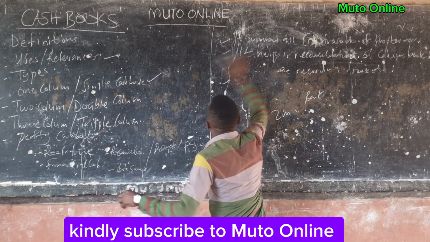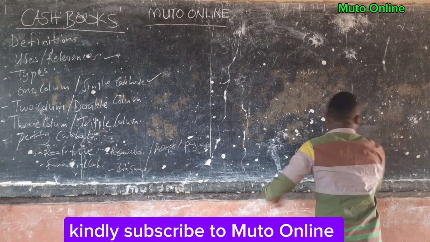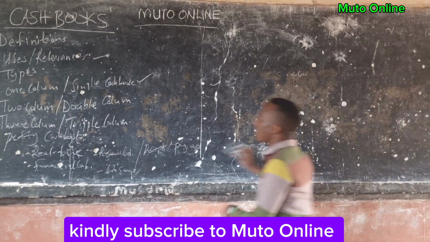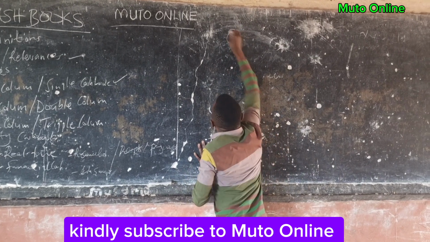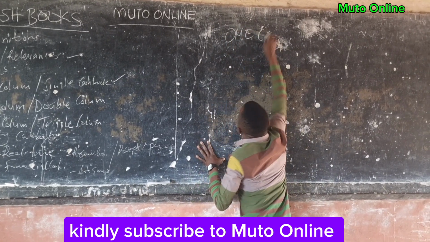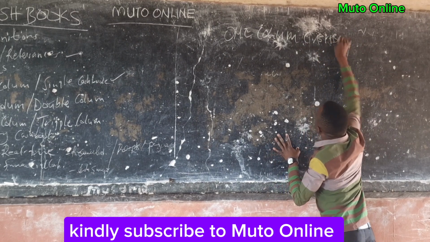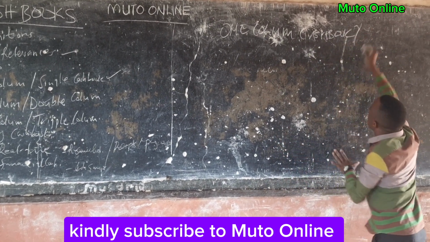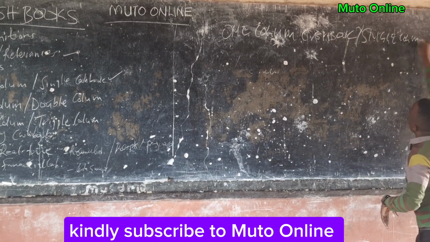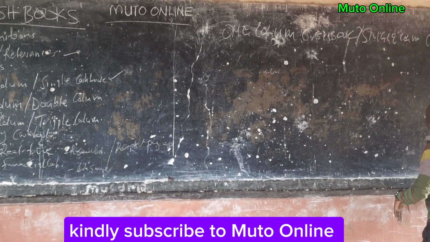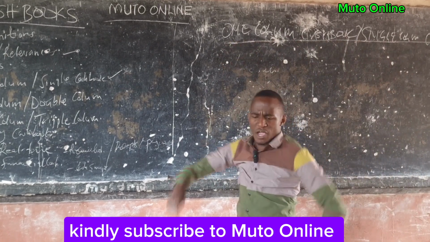So, we are going to start by tackling a single column cash book, or a one column cash book.